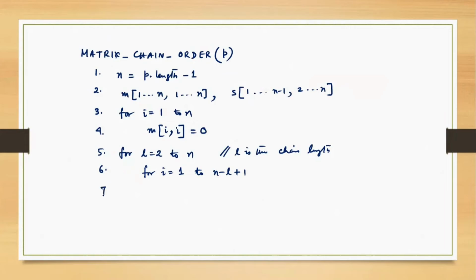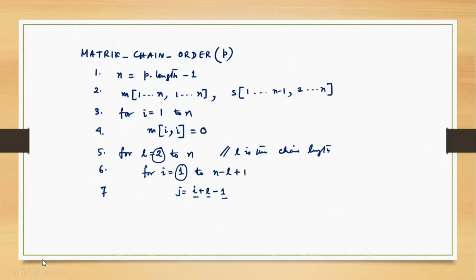So for every i, you have to calculate j, otherwise you cannot find the column number, and the formula of j is i plus L minus 1. How it comes, you can easily calculate. Suppose you are solving chain length 2, i starts from 1. So 1 plus 2, that is 3, minus 1, that is 2.